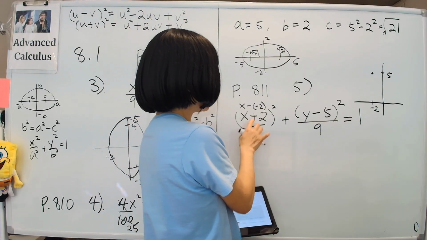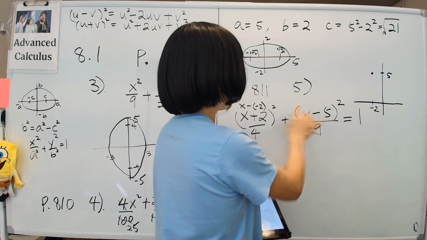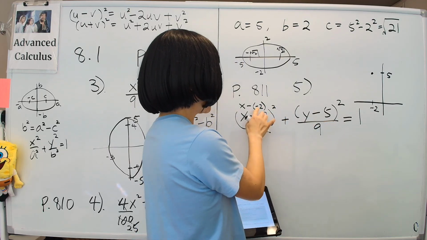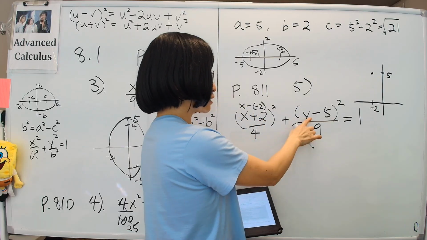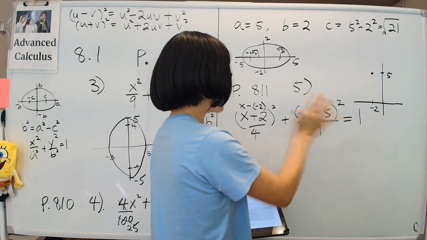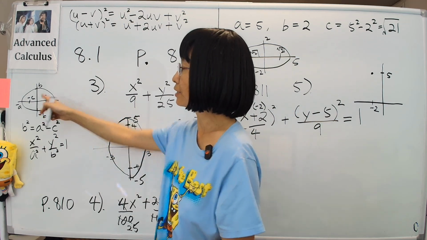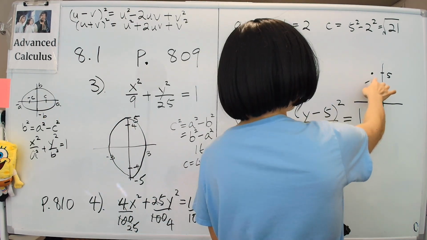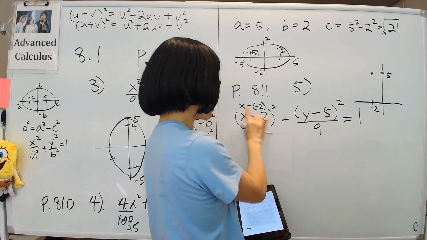The new position, compared to the old position, is at whatever x is being subtracted by. The center used to be at the origin. Now the center of our ellipse is going to be at -2 and +5, whatever it is subtracting.